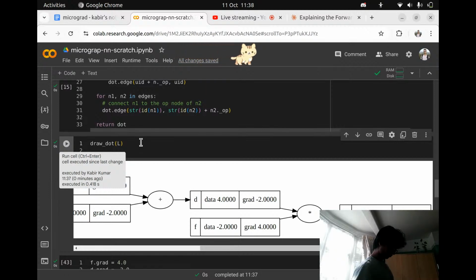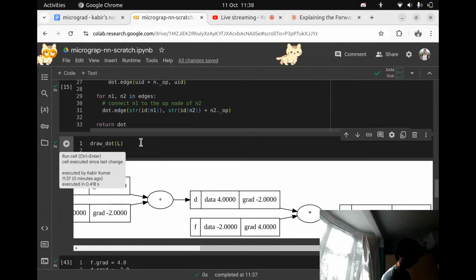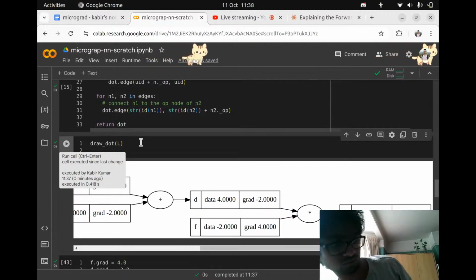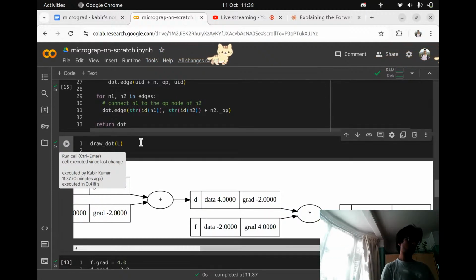Grad is -2. So if we again come here and we change dd, d dot data plus equals h right here. So we've added a little h, and then we see how L changed. And we expect to print -2. There we go. So we numerically verified.